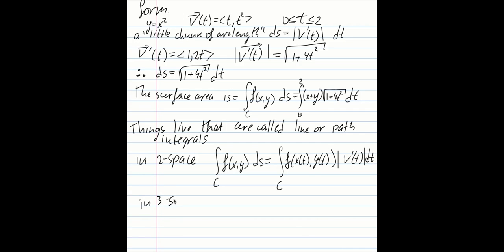And in three space we have an integral over C of f of x, y, and z ds, which is equal to the integral over C of f of x of t, y of t, z of t times the magnitude of v prime of t dt.